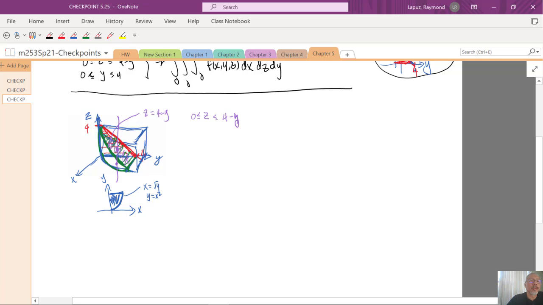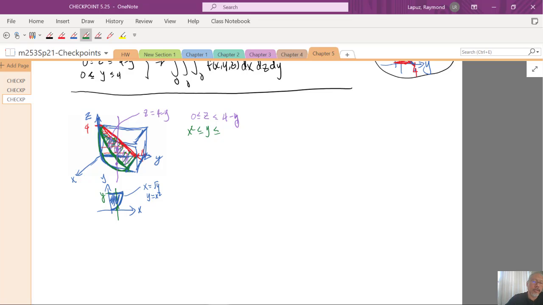And now, if we decide we're going to integrate with respect to y first, we would draw a line parallel to the y-axis, and we would enter through the region when y is equal to x squared, and then we're going to exit the region when y is equal to 4.